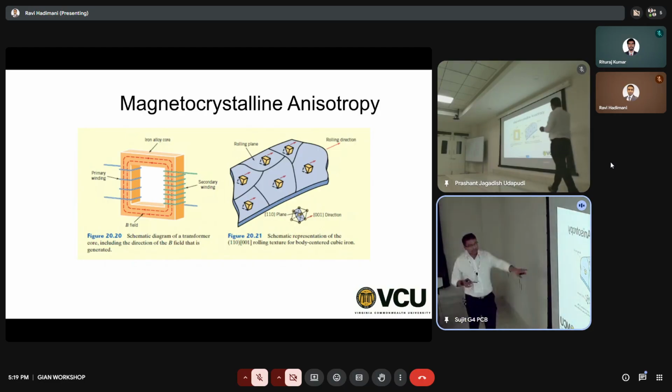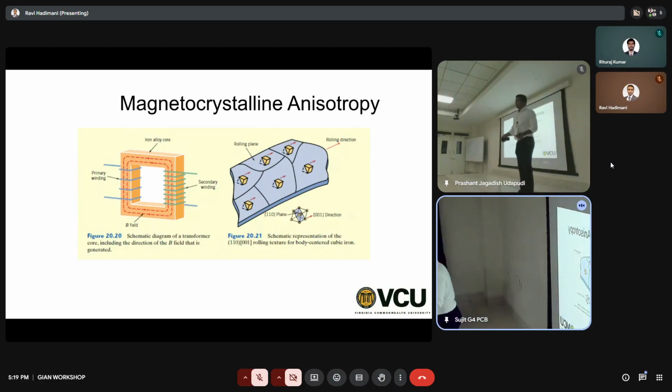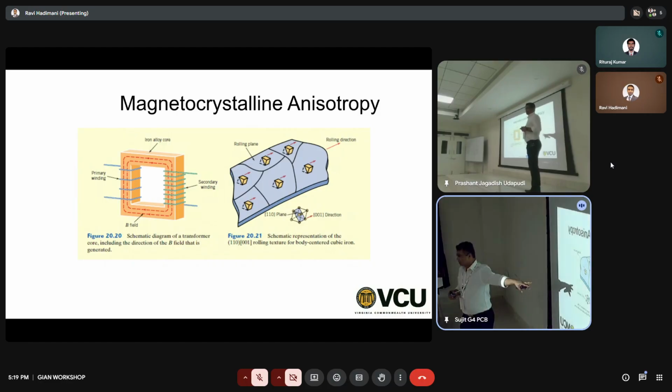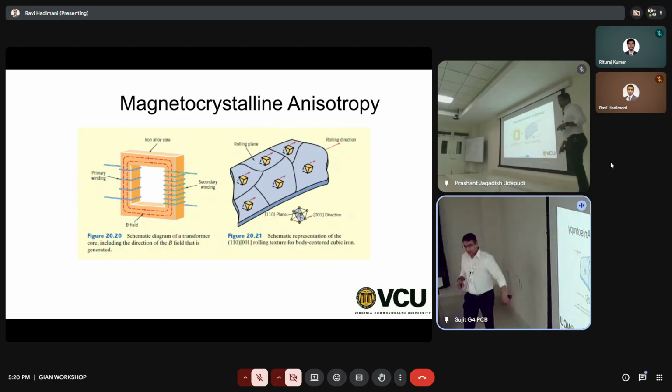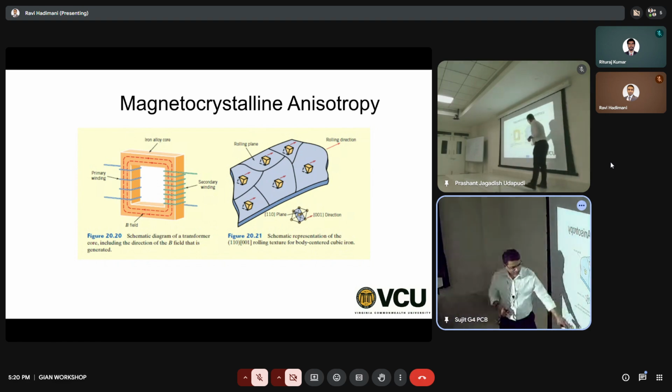So this is magnetocrystalline anisotropy, and it means you engineer materials such that you get the highest property, which in our case is the highest permeability, in the direction that we want. This is another processing technique wherein we can design materials that have better performance in a specific direction.